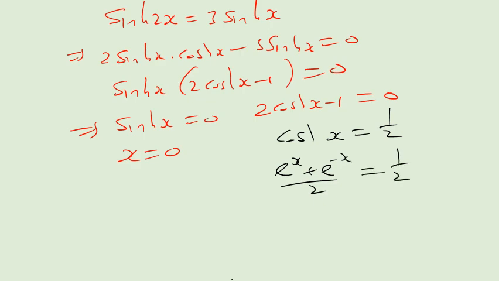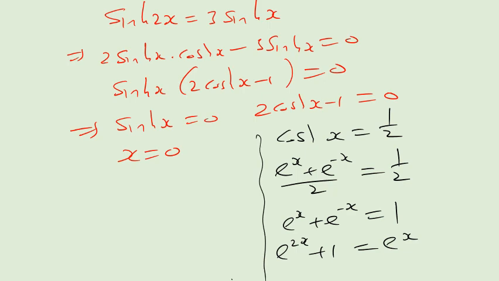Knock out the 2s, and we get e^x + e^(-x) equals 1. Multiply throughout by e^x and we get e^(2x) + 1 equals e^x. Please check that. Then that becomes the quadratic e^(2x) - e^x + 1 equals 0.